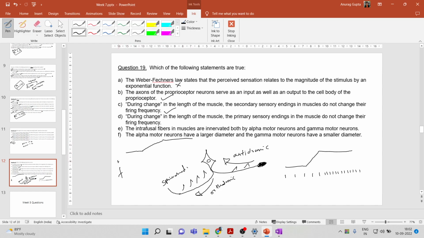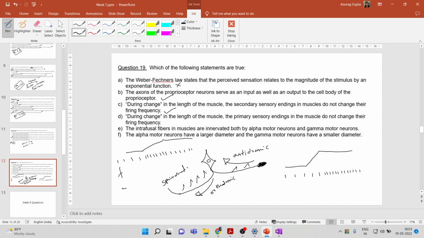We have an action potential due to the primary sensory endings, and then we have this action potential, which is during the change. So there is a change in the velocity of the length.